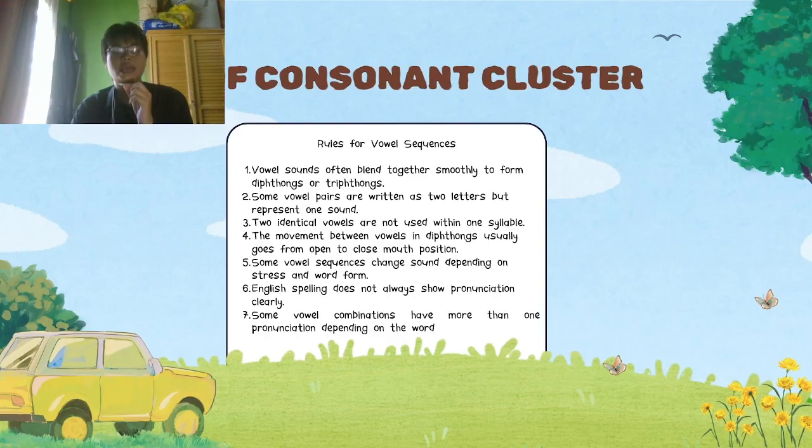Like E and A, pronounced E in "sea"; A and I, pronounced A in "rain"; and O and U, pronounced O in "house". The third rule: two identical vowels are not used within one syllable. For example, cooperate has two vowels in separate syllables, while food has one long vowel sound, like "ooh", food.